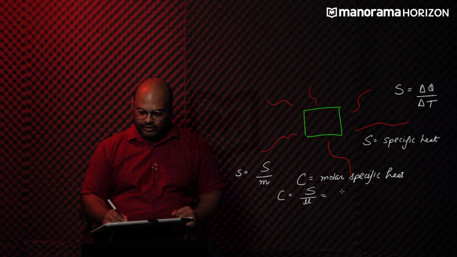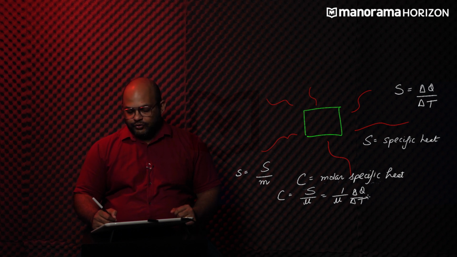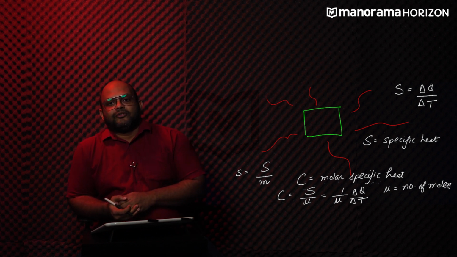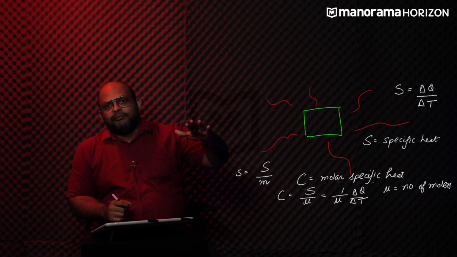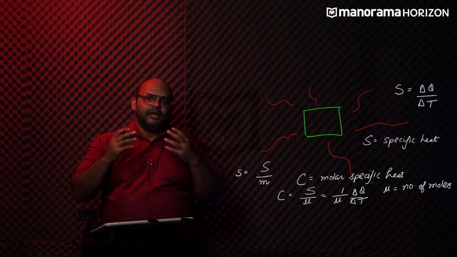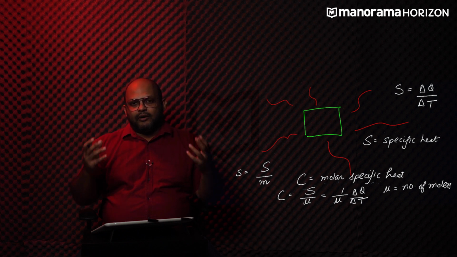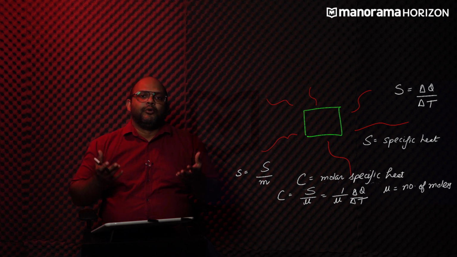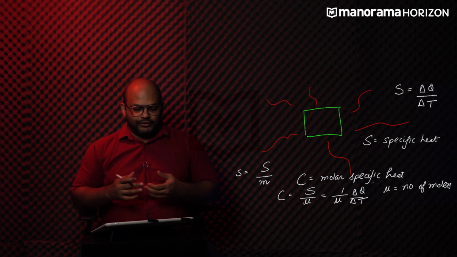So this becomes equal to 1 upon mu times delta Q divided by delta T. So here mu is the number of moles of a particular substance. Now the number of moles is a concept which is true for all materials equally. So this is very useful to us in understanding how same masses or same amounts of different materials will react for a given amount of heat energy put into them or removed from them.